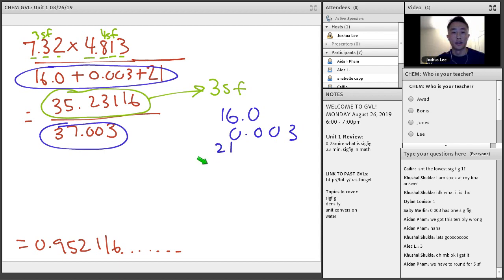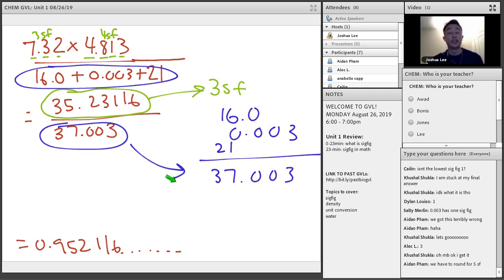That gets us 37.003. But now let's ask ourselves where each number's sig figs end. The 16.0 ends in the tenths place.